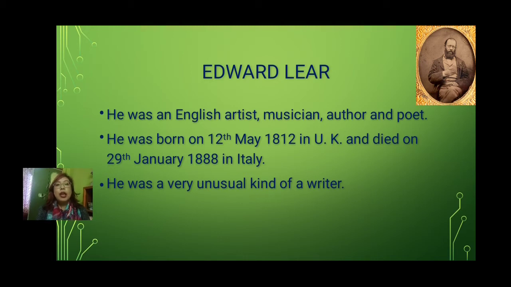He was a very unusual kind of a writer, unusual in the sense that he used some of the words which he had created and had no meaning in its own right. So we have seen that in our last class as well. So let us see some of the rhyming words and the new words which we had actually discussed in our previous class.